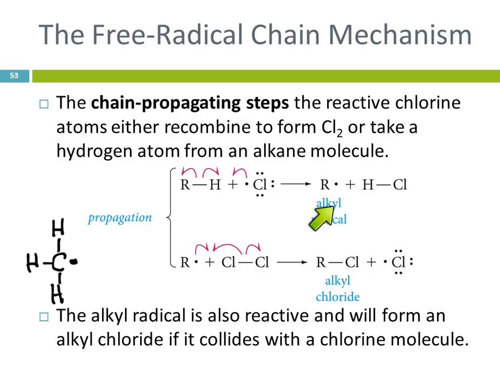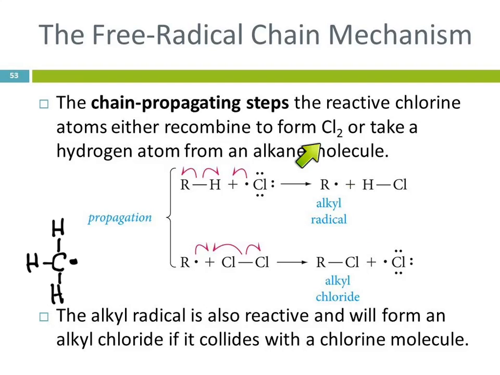So this alkyl radical got its hydrogen stolen, and then it can go to a chlorine molecule and steal away one of the chlorines. So these 2 chlorines are splitting up. Each takes 1 electron. These guys are going to share between them and form an alkyl chloride, a bond between this alkyl group and the chlorine, which leaves this chlorine atom that's not happy.